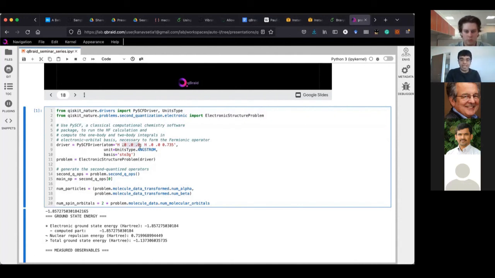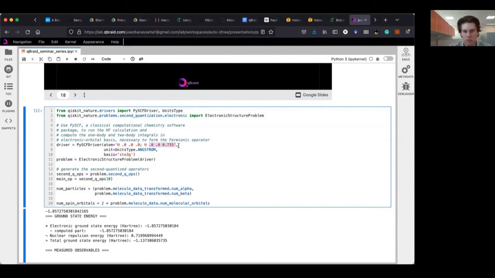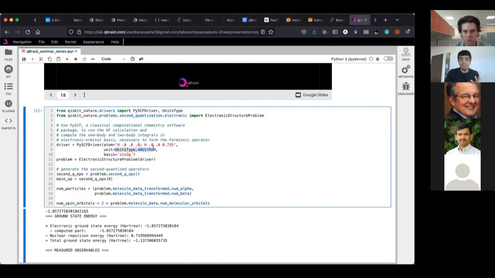So you say that my first hydrogen atom is at 0, 0, 0, and my second hydrogen atom is at 0, 0, 0.735. This is in angstrom, and you can see that I specify the units. And then I specify something called the basis, which is STO-3G.